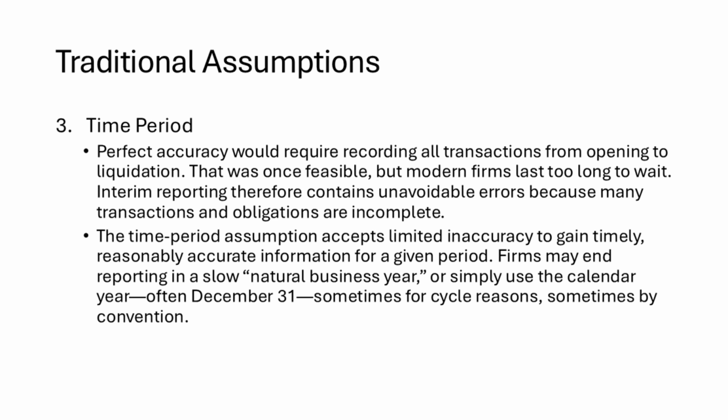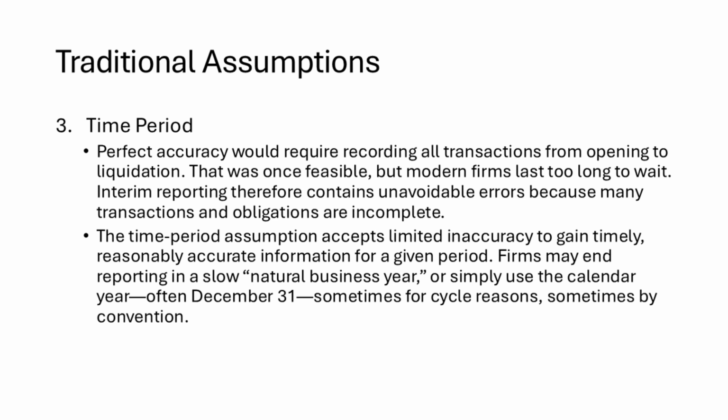Other businesses use the calendar year, and those end the accounting period on December 31. For many companies that use December 31, we cannot tell if December 31 was selected because it represents a natural business year or if it was selected to represent the calendar year.